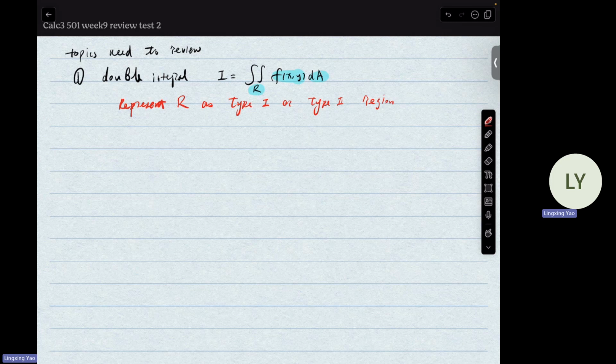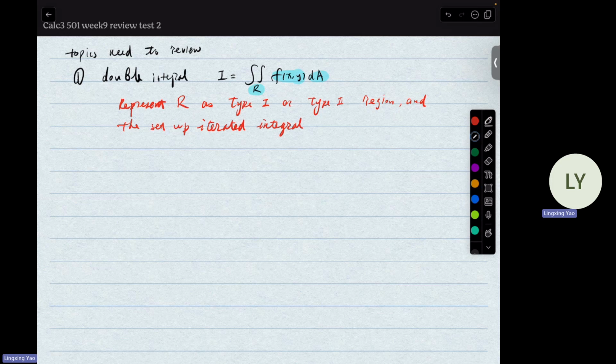Okay, and then set up the iterated integral. So this is what we need to do. And we always have two ways because we have dx and dy, right? So first of all, we note the differential of area could be either dx times dy or dy times dx.